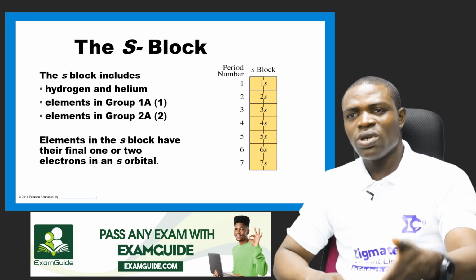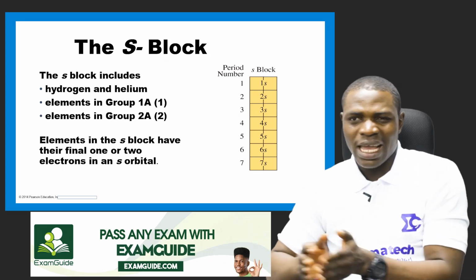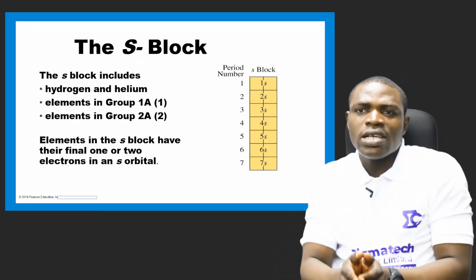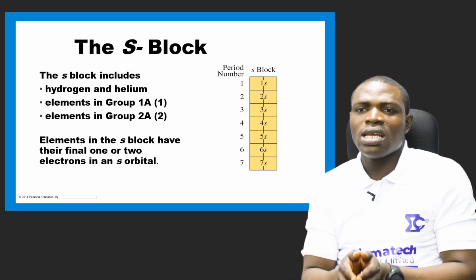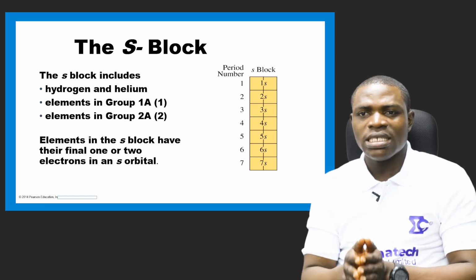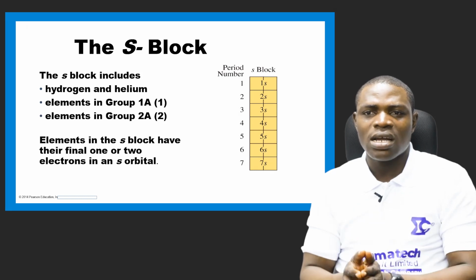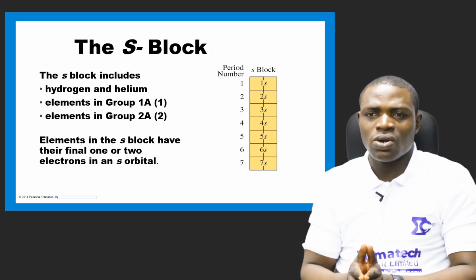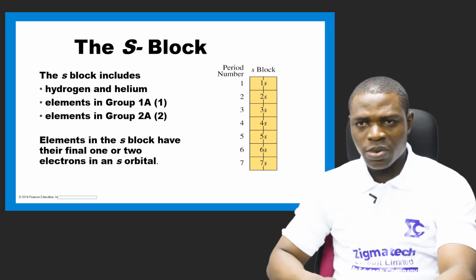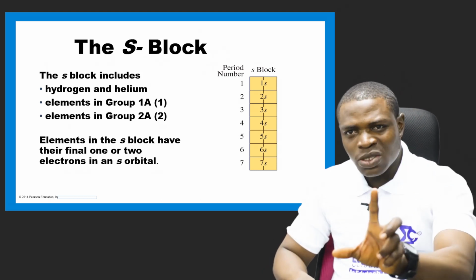So they are still within the S block. Why? Because the S block can accommodate a maximum of 2 electrons. So elements in the S block have their final 1 or 2 electrons in their S orbital. So the S orbital can accommodate a maximum of 2.